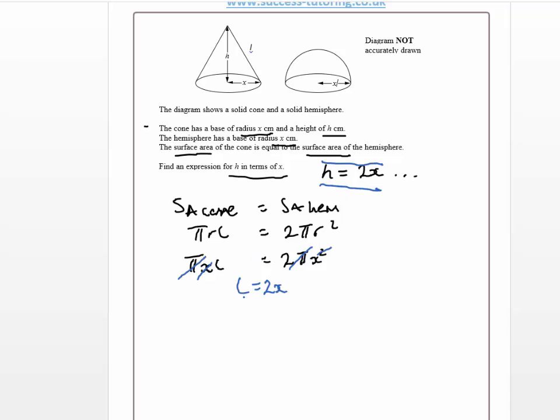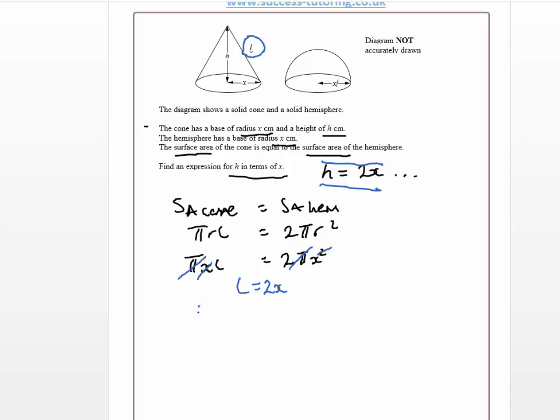So how can we end up with h? If you notice here, L is the slanted height of the cone. But we know that L is equal to 2x. So I can replace the L with 2x.